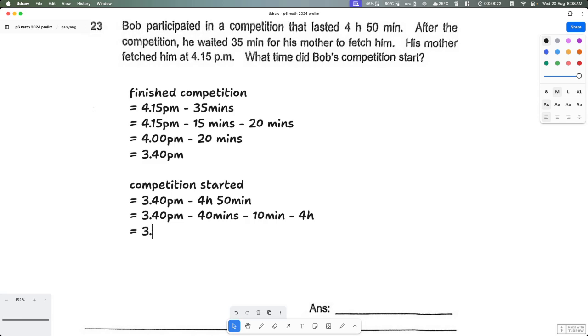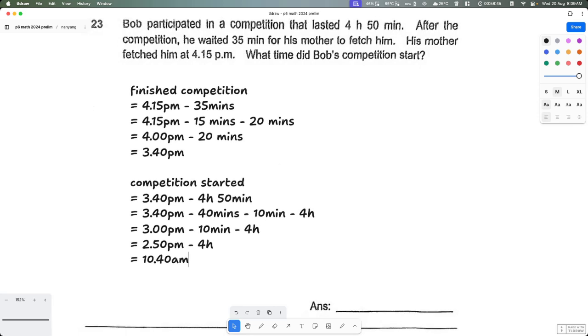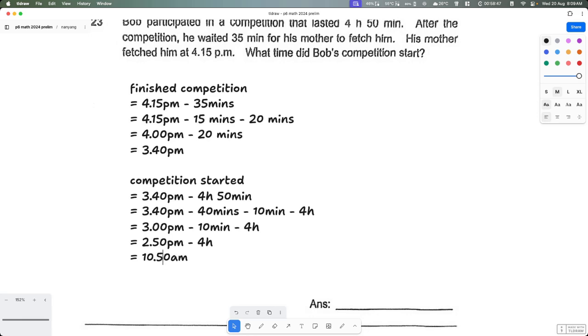So this will be 3:00 p.m. minus 10 minutes, which is 2:50 p.m. minus 4 hours, which is 10:50 a.m. All right, there you go. That's your answer, 10:50 a.m.